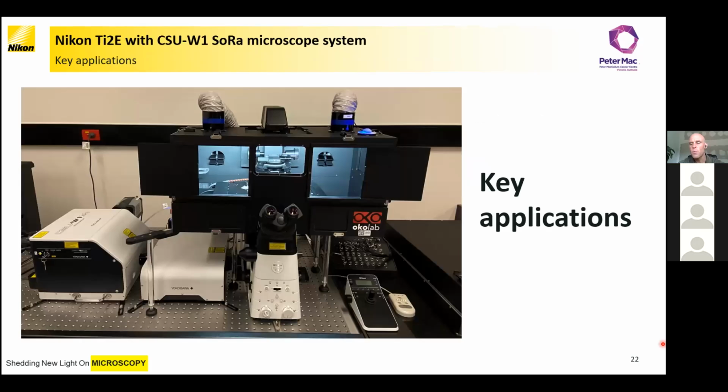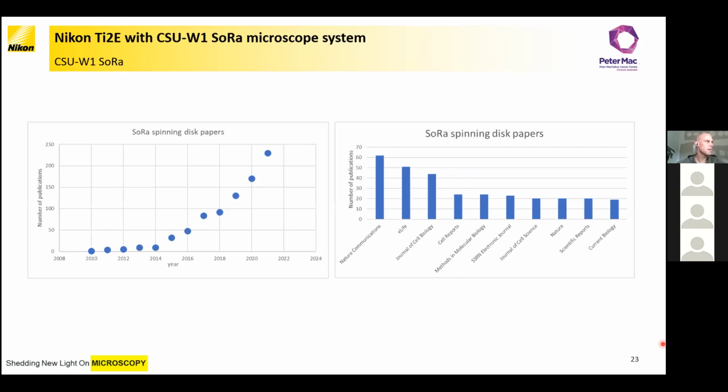Given that, what sort of samples, what sort of applications, what sort of researchers are using this system right now? The first thing that I did was a brief literature survey. I apologize slightly for this hastily thrown together slide, but I did a literature search for spinning disc publications.